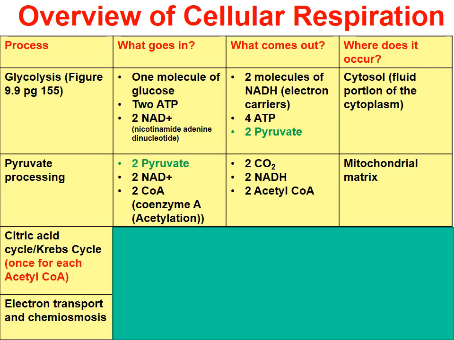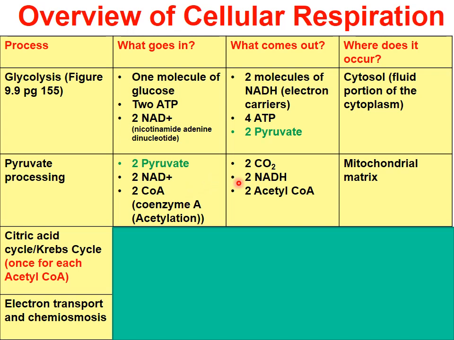So, if we return to our summary table, our overview of cellular respiration, we've now completed 2 of the 4 stages of cellular respiration in lectures. The second one has been the stage of pyruvate processing, and you'll see that the two pyruvates that were derived from glycolysis are what goes into this process, along with two NAD pluses, as well as two coenzyme A's.